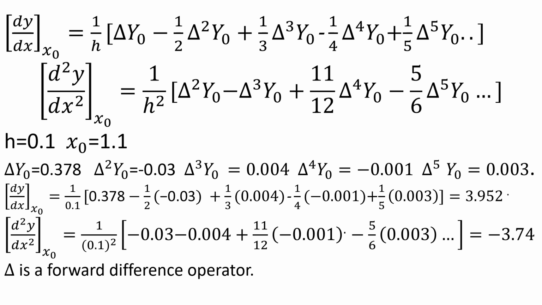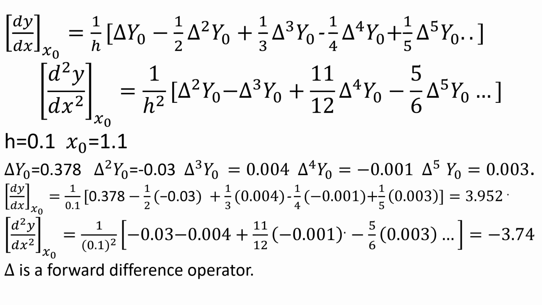Here x is 1.1 as x0, and the interval is only 0.1. Accordingly, we can calculate delta² y0 and delta³ y0, as already mentioned from the table.